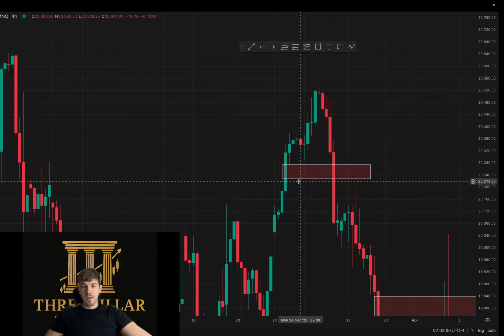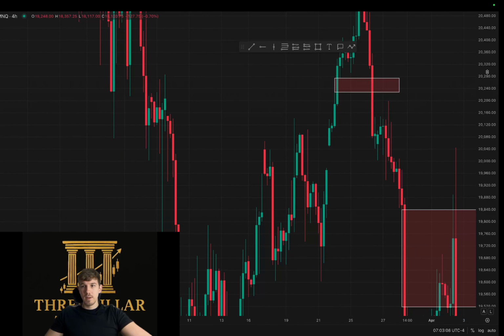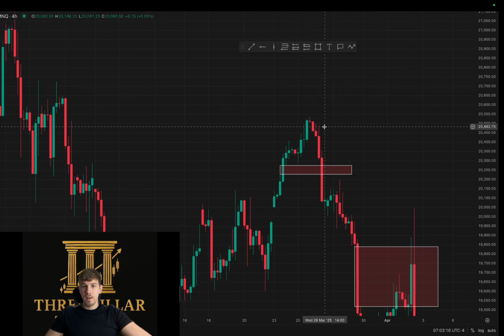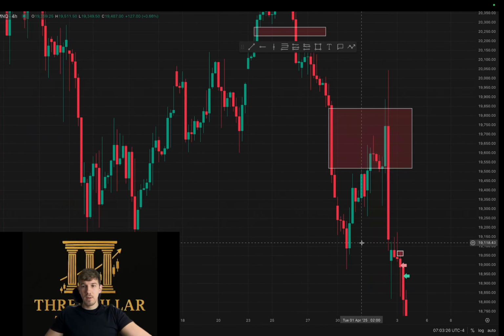These inverses of fair value gaps tend to signal a shifting order flow in which way we're heading. So you could see that we are actually trending upwards here, putting in higher highs and higher lows, but then we inverse this, then creating lower highs and lower lows.